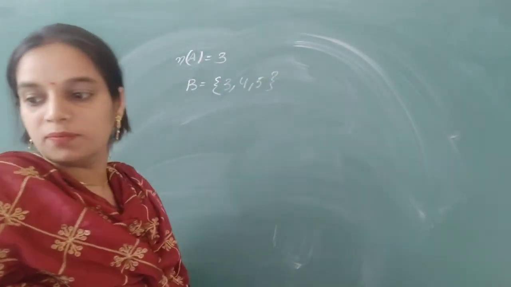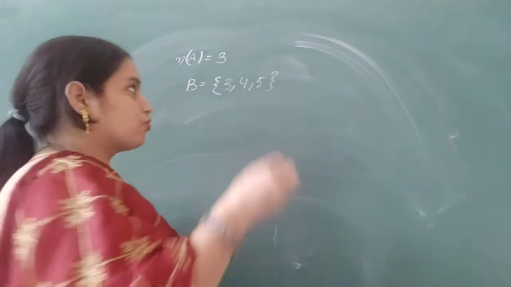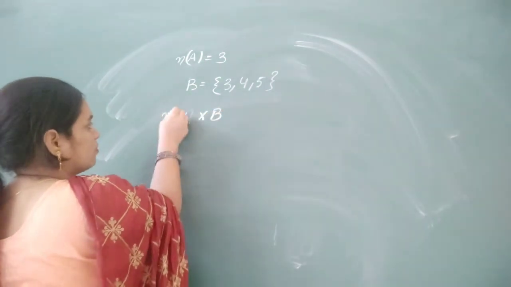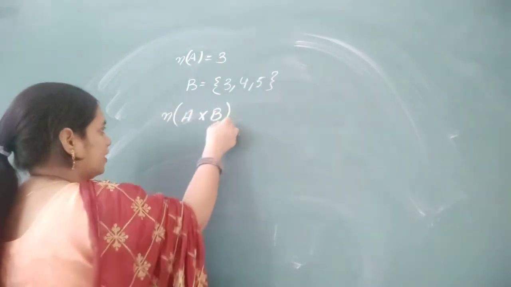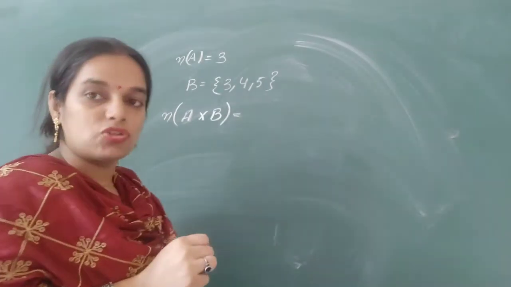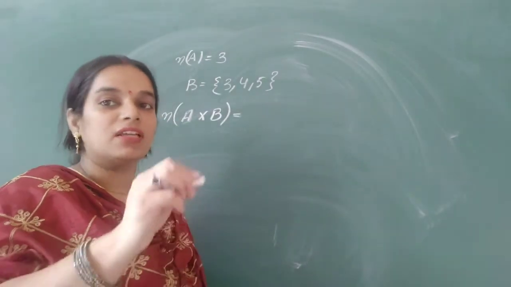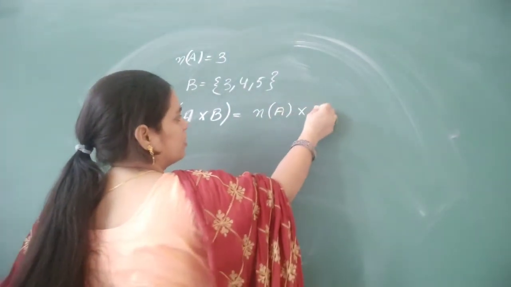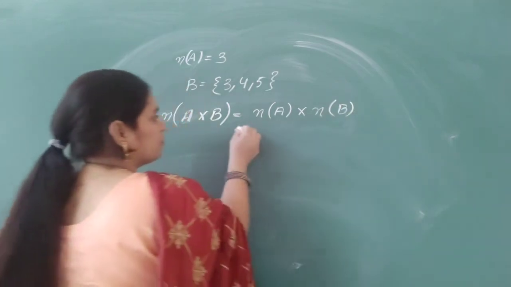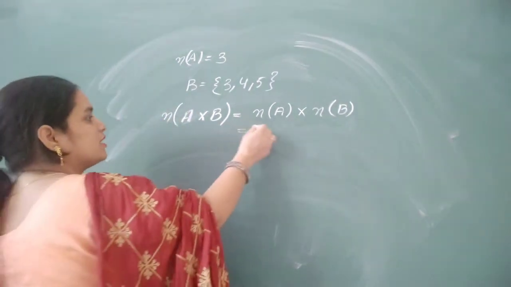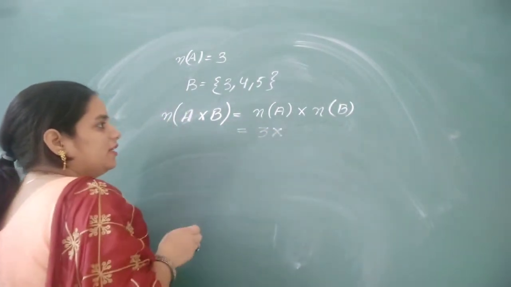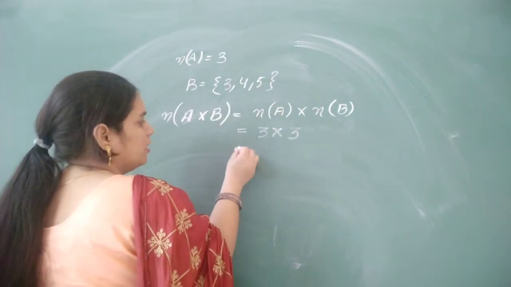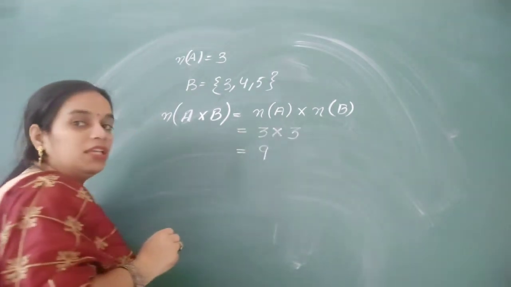We have to find the number of elements in A cross B. The method to find the number of elements in their Cartesian product is to take the number of elements in set A and multiply by the number of elements in set B. The number of elements in set A is 3 and in set B, which we can count easily, is also 3. 3 multiplied by 3 is 9.